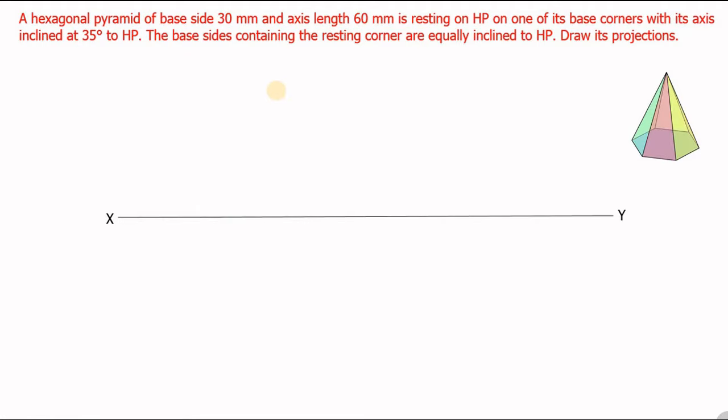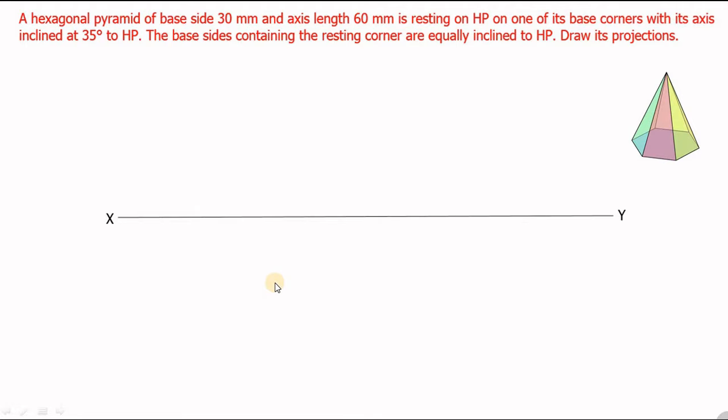Whether it is a plane, a prism or a pyramid, if it is resting on HP on its base corner or base edges, the true shape of that solid will be visible in the top view. The true shape of the hexagonal pyramid's base is the hexagon, so the hexagon will be visible in the top view.